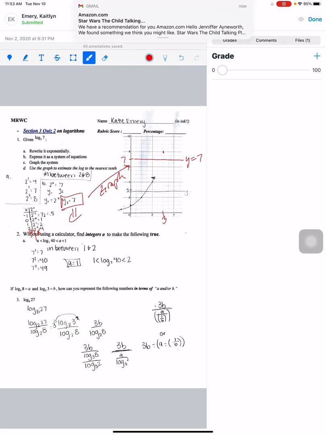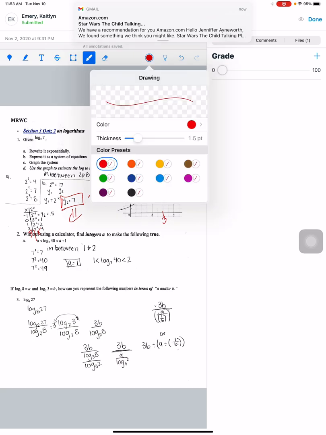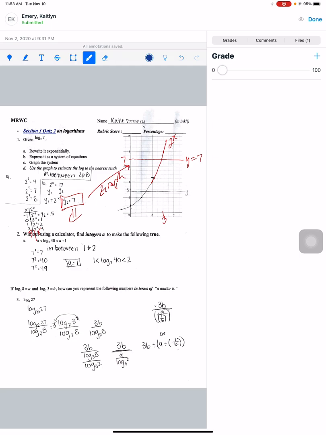They just got to continue the graph. This is 2 to the x, so continue up. And then they need to take their intersection point and estimate right here. And that's about 2.7. That's equal to the log base 2 of 10.7. So they had to finish this, but they got a good start.